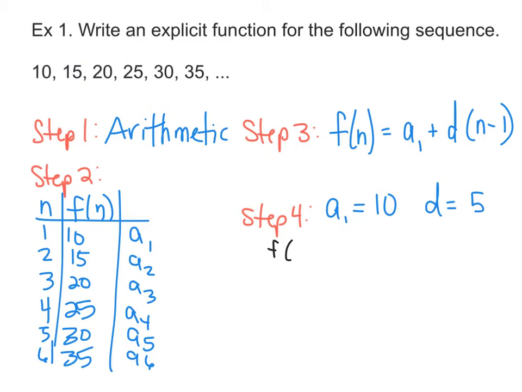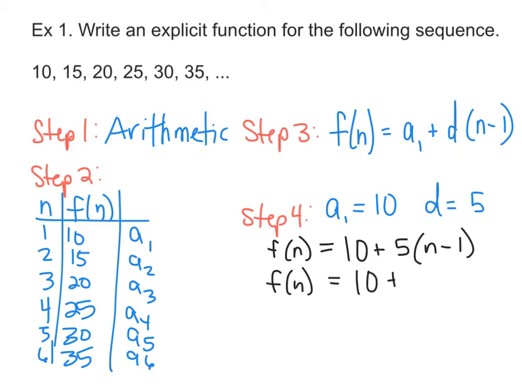So f of n is equal to 10 plus 5 times n minus 1. So now I just need to keep distributing through: 10 plus 5n minus 5, combine like terms, and I get 5n plus 5. And that would be my explicit function for this sequence.